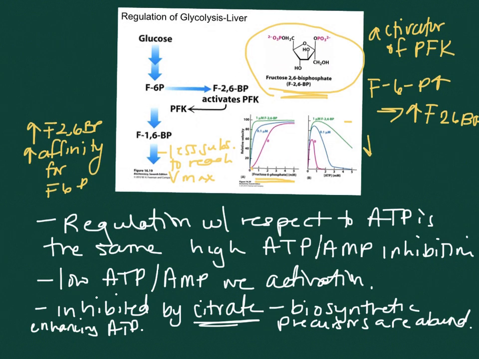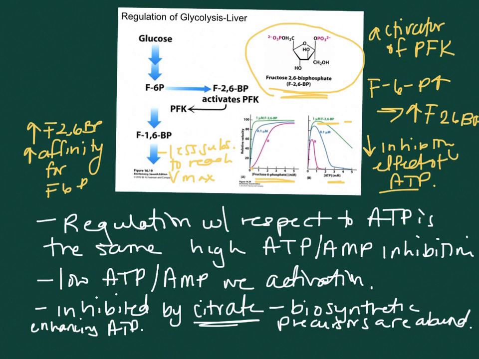If we look at the second graph, we can see that the binding of fructose 2,6-bisphosphate to PFK decreases the inhibitory effect of ATP. So you can see as we increase the amount of fructose 2,6-bisphosphate, we almost eliminate the effect of ATP.